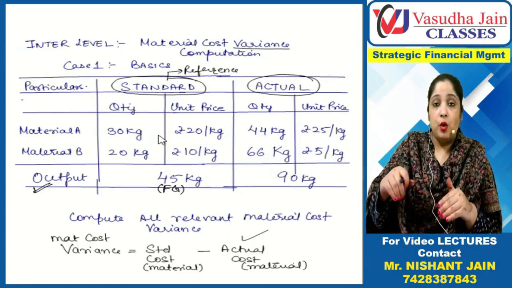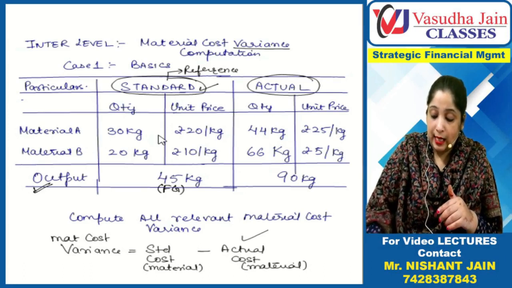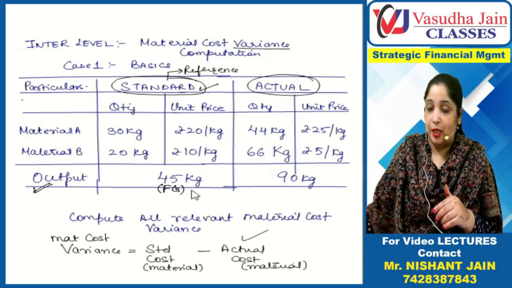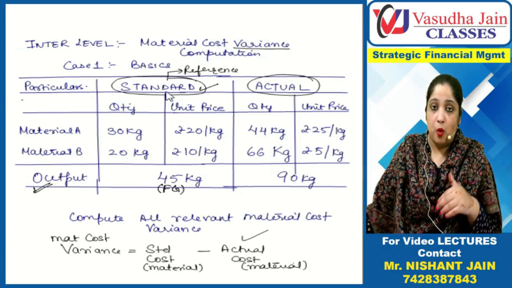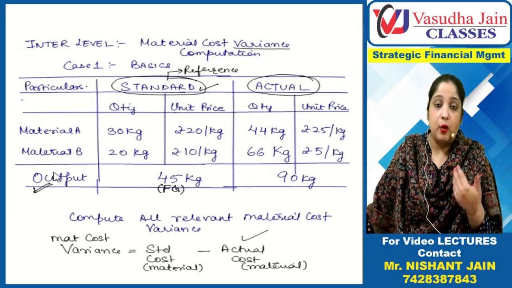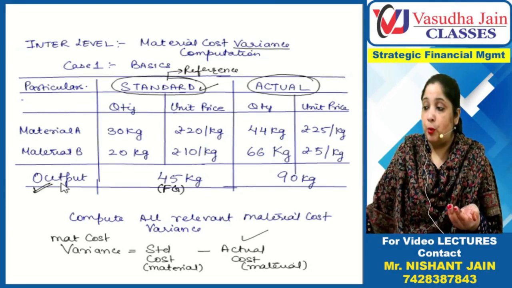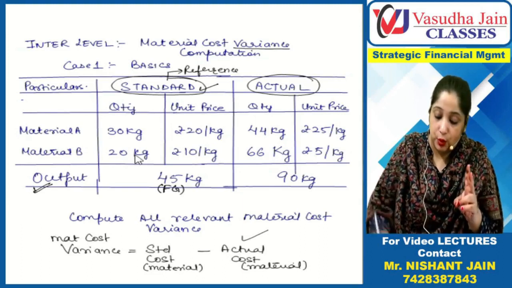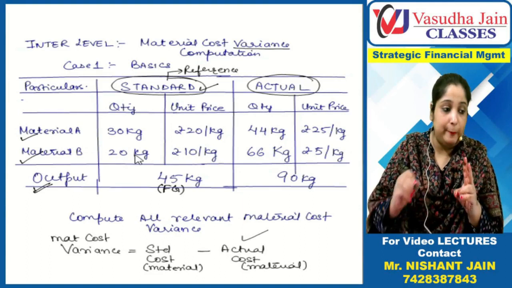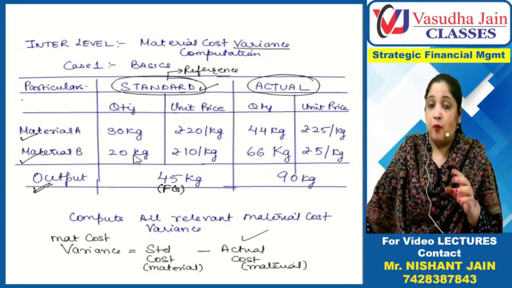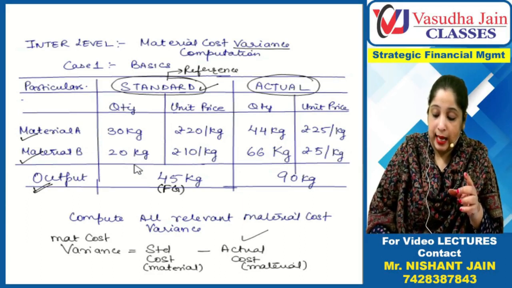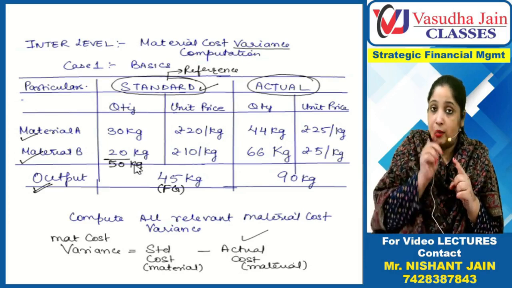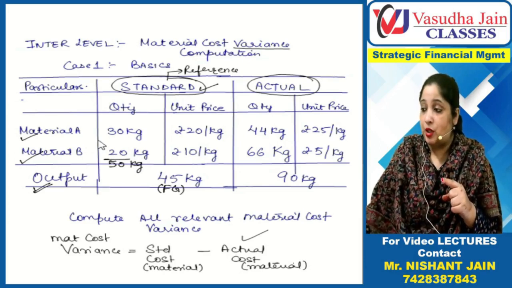So in order to produce standard output of 45 kg, standard meaning what we have planned, what should be done, there are two types of raw material which will be used, material A and material B. Now your duty is that material A and B total has to be used 50 kg. Please listen to my words carefully. I did not mention 30 and 20.